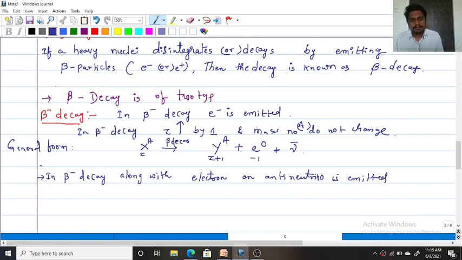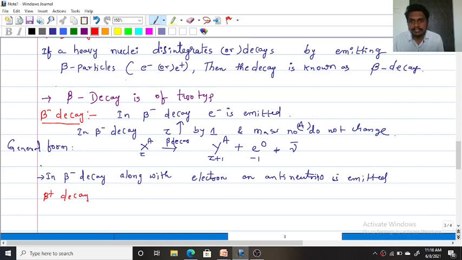This particle, the anti-neutrino, is a very small particle whose mass is almost negligibly small, and it travels with the speed of light. Now we are not going to talk about this anti-neutrino, but it will be emitted in this decay process. And the second type of beta decay is beta plus decay.